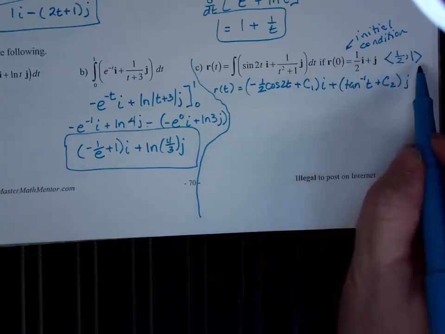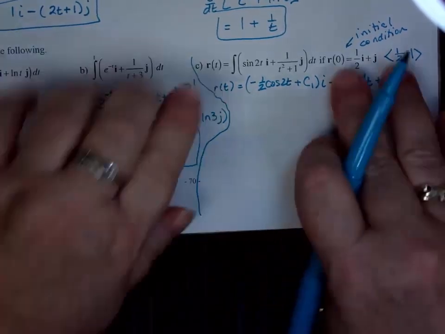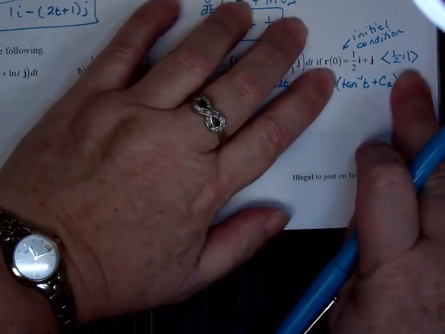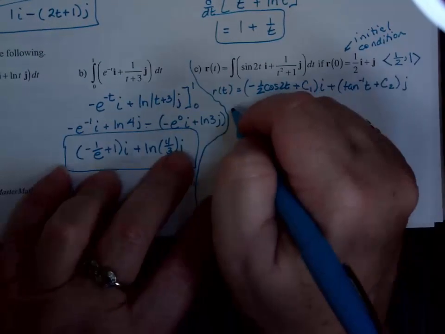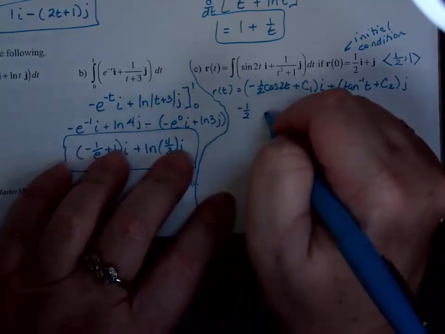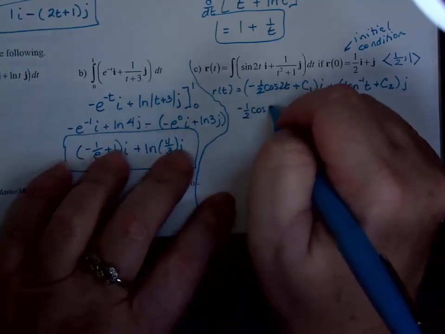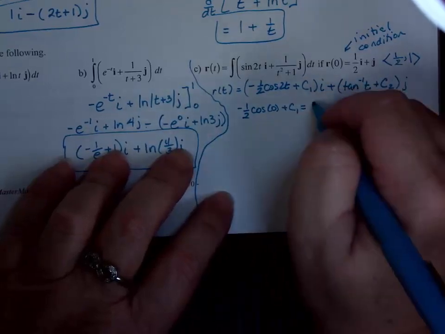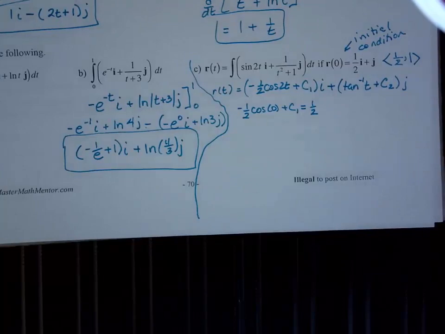That allows us to individually solve this parentheses and this parentheses. So if we plug in t equals 0, we're going to have negative 1/2 cosine of 0 plus c1 equals the x coordinate 1/2. What's in front of the i for the equation has to be what's in front of the i up there, the 1/2.